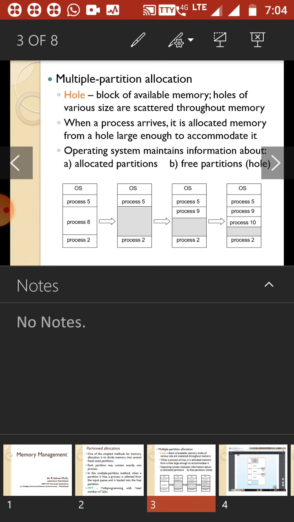For your understanding, say there is a 20 KB user area, with 3 partition sizes: 3 KB, 5 KB and 8 KB.